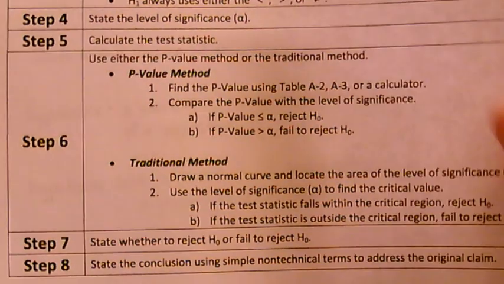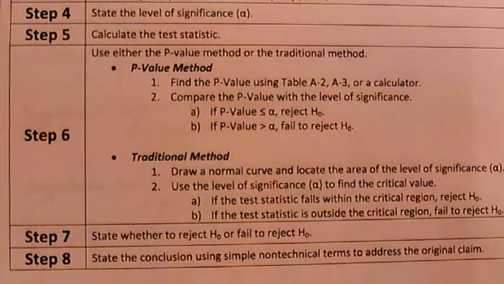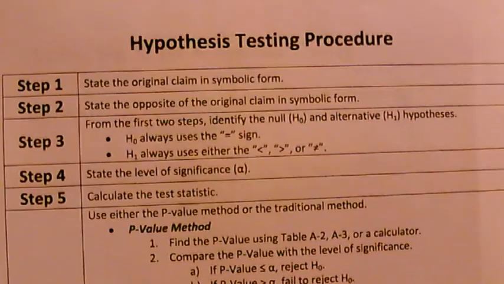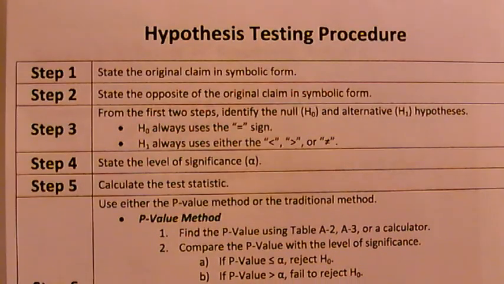Unfortunately, I can't fit all of this on the screen, but here you can see what those 8 steps are, and we'll go over each one individually, and as we go along with these 8 steps, we'll be defining some terms as well and do some examples that are related to this hypothesis testing procedure.